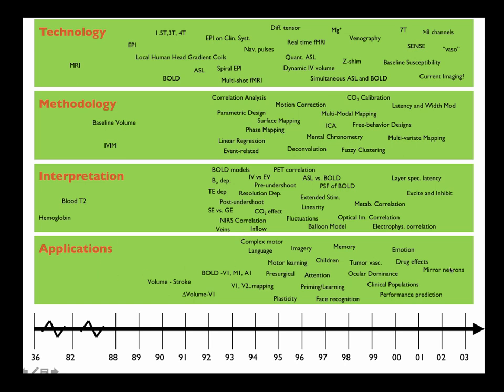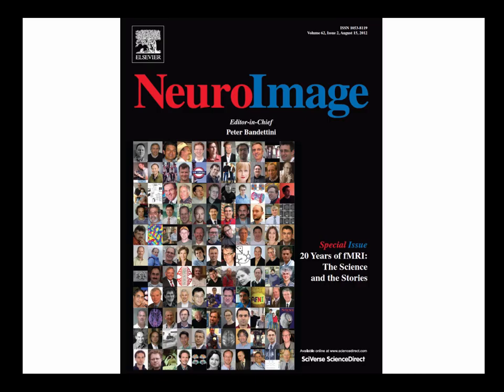Now it's completely ballooned into all kinds of things. If you're curious, there's a special issue that came out in 2012, I believe, on the 20 years of methods advancements. What's nice about it is that the papers are first-person stories on what each author did and what their contribution was. So it's a really fun read.